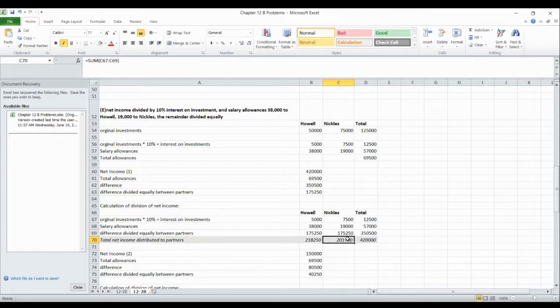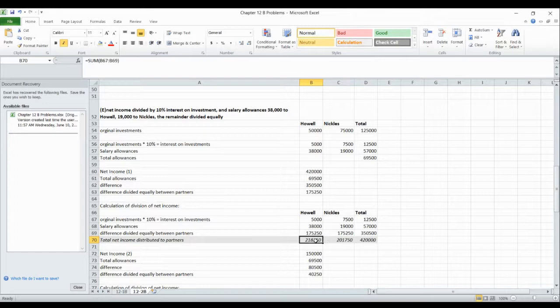For Nichols, we added up the interest investment for Nichols, the salary allowance, and the difference that was divided by 2. Combine all those together, the total amount of net income would be $201,750.